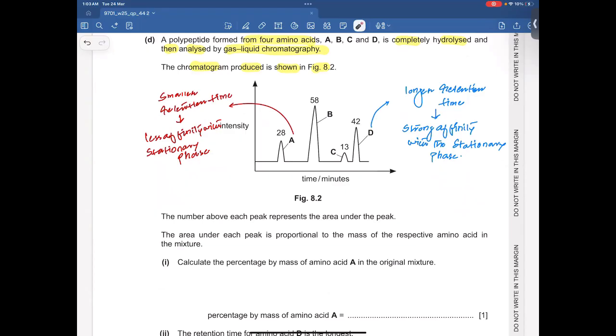So the total area is basically 141. Okay. Let me recall it again. 28 plus 58 plus 13 plus 42. Yes, 141 is the total area.